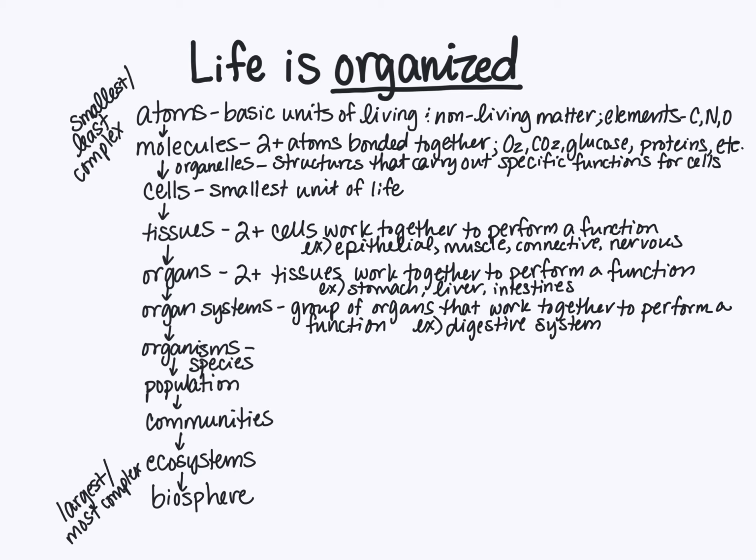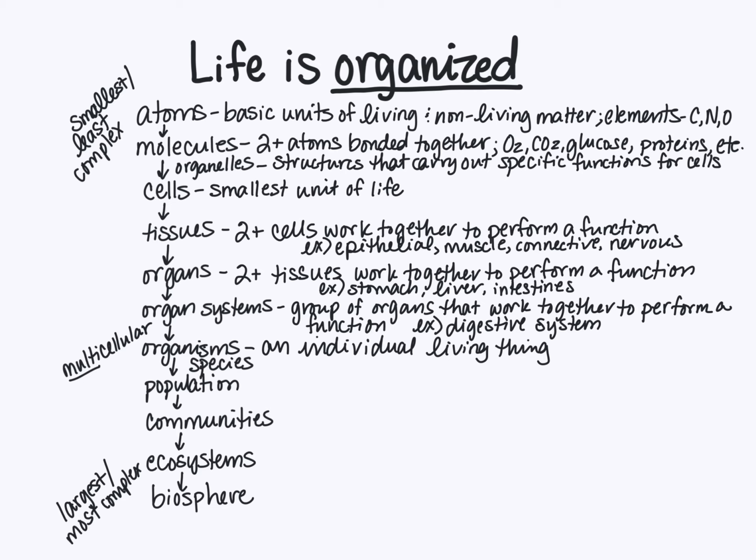An organism is an individual living thing. And technically at this level, we're talking about multicellular organisms. So you might want to give yourself a little note off to the side that this is multicellular. Multi meaning that it's made up of more than one cell.